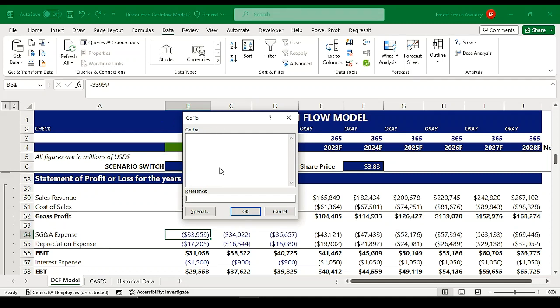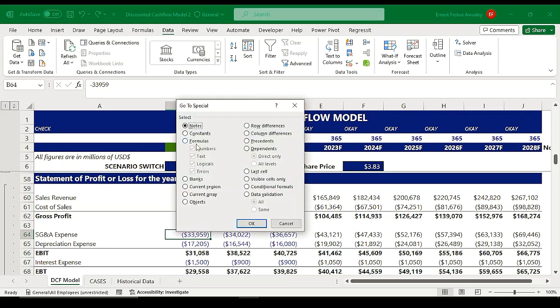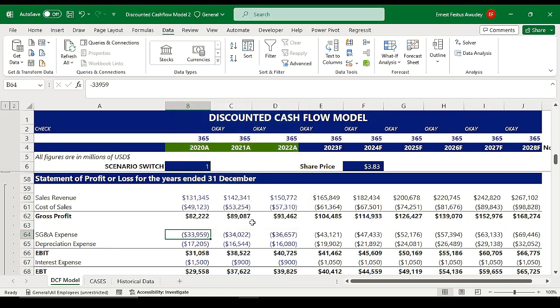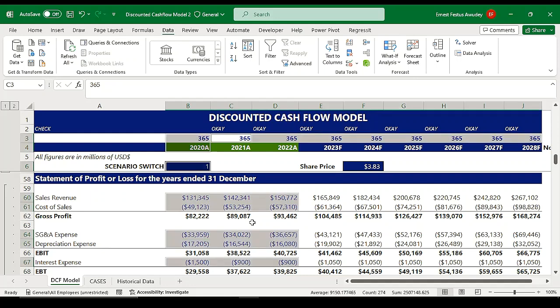So this opens the go-to window, and then you go to special. I'll click on special, and then I'll come to constants, and it should include only numbers. So I'm going to unselect the text, logicals as well as the errors, and then I'll hit OK. Hitting OK is going to select all the constants for me within the financial model.